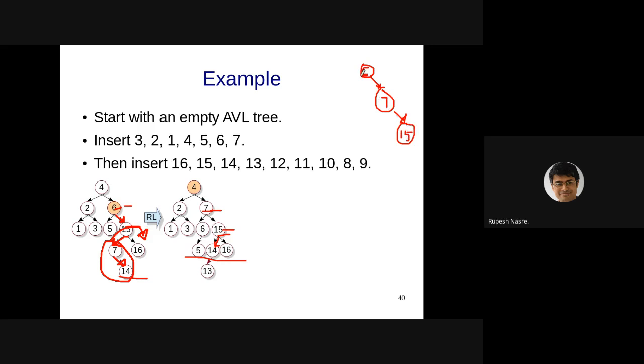And then 6 had 5. Yeah, and 15 had 14 and 16, right? So that I keep. Now when we do a left rotation on 6, there is some adoption happening. Where is that happening?